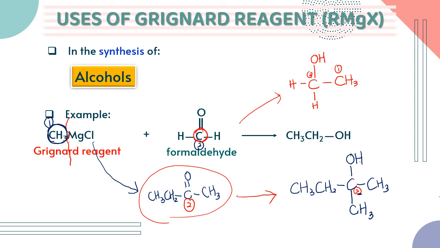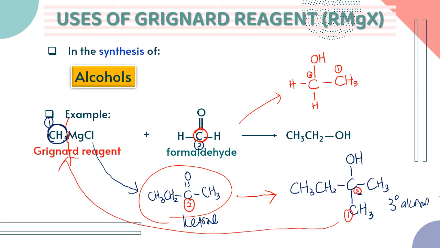So from this one, since this is a ketone, you will get over here a tertiary alcohol. This is just now our first carbon, first carbon that came from the Grignard reagent. Second carbon, second structure came from the ketone.